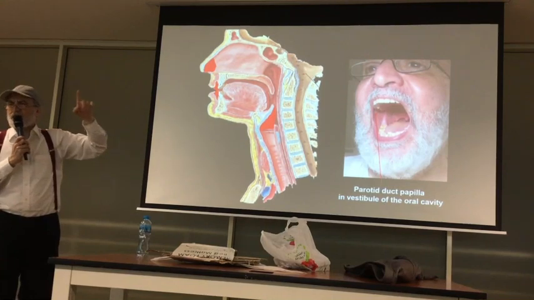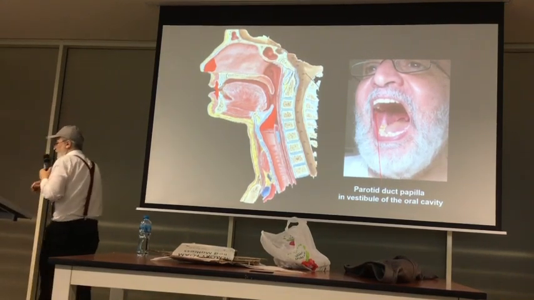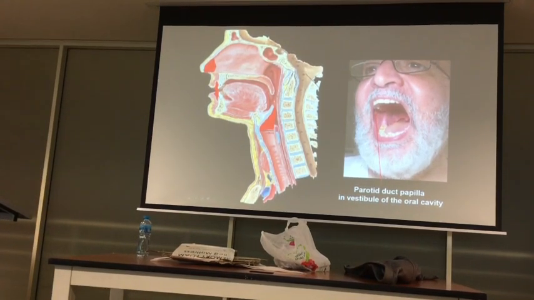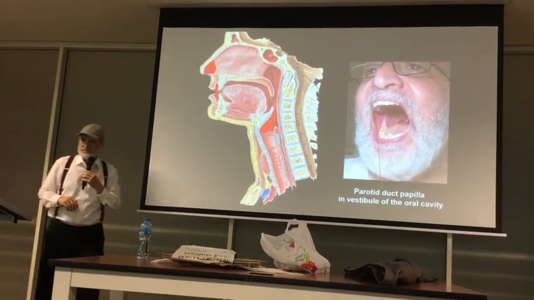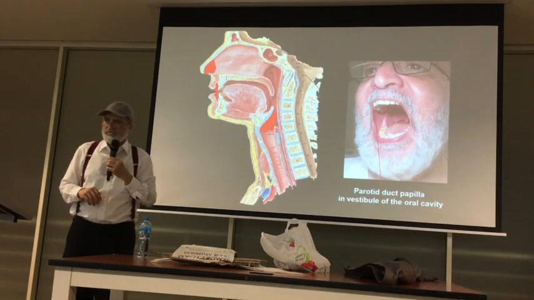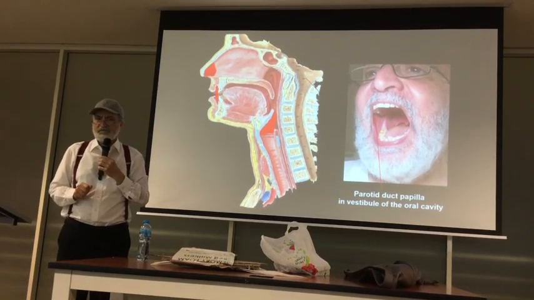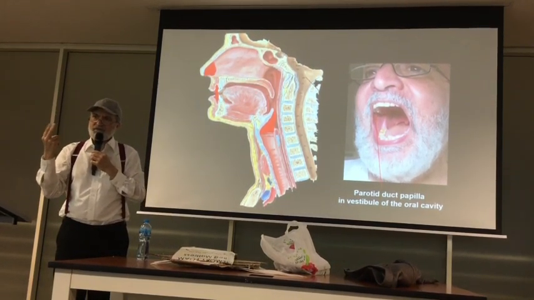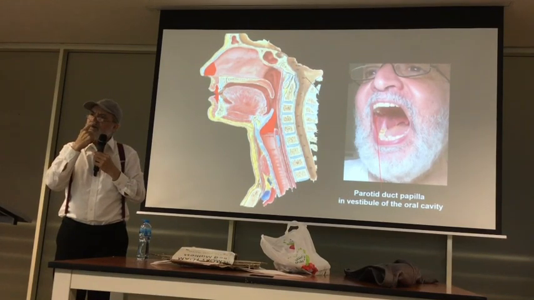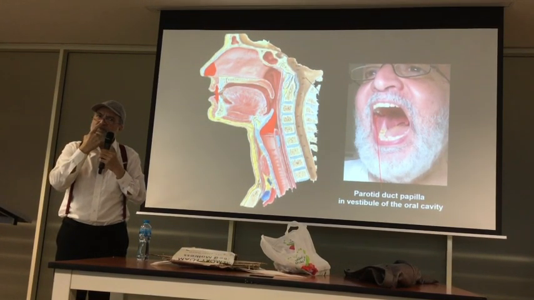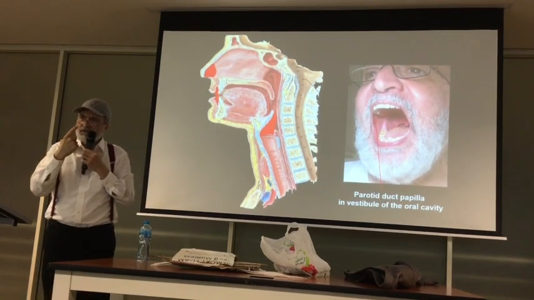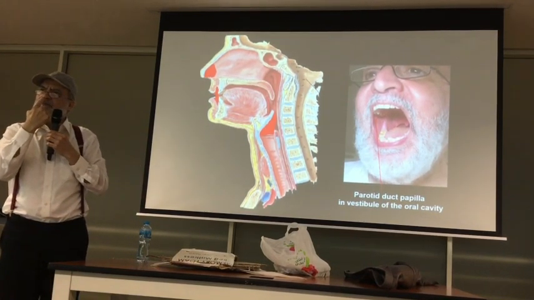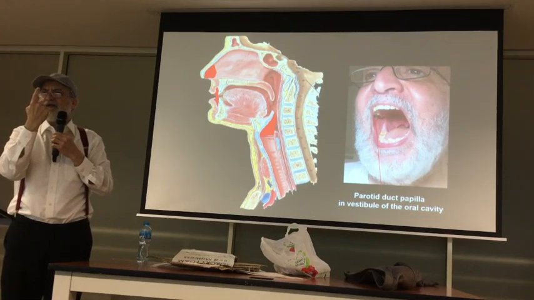Now, if I ask a question here, what's the nerve supply of the vestibule? Two nerves. Because the vestibule contains the tip and the nerves. So, ophthalmic is the tip because I have one tip.